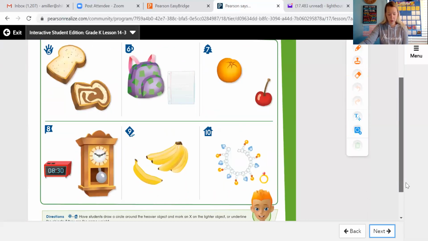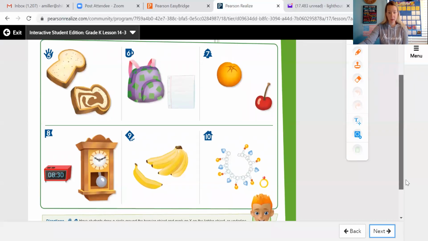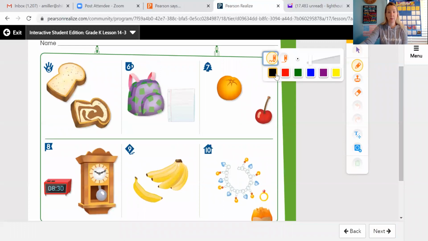All right, we are going to do the same thing on this entire page. Circle the object that's heavier, cross off the one that is lighter, or underline both objects if they weigh the same. All right, let's start right here with number 5. I see 2 pieces of bread. 2 pieces of bread are the same thing.